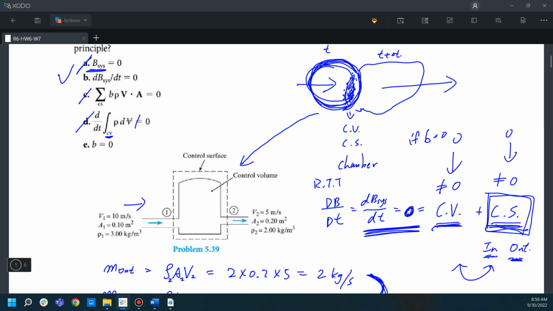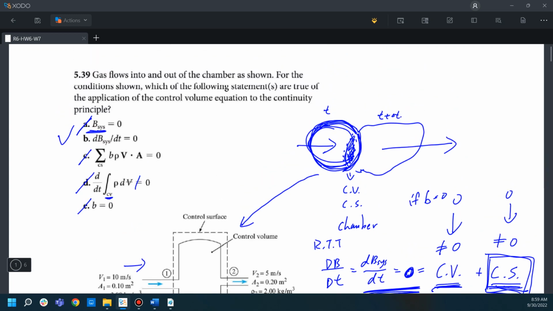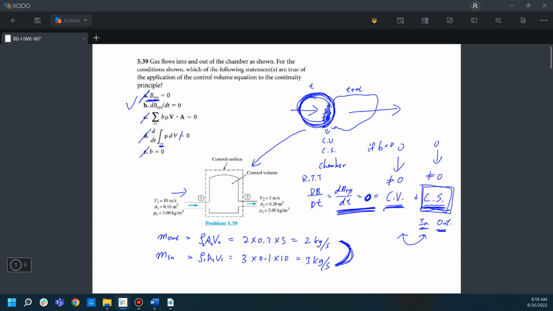So we now already know that the control volume and control surface terms cannot be 0 according to the information given by this problem. So this B must not be 0. So at the end, according to the condition that we have in this problem, we know that only the option B is correct. Okay, so let's move on to the next one.